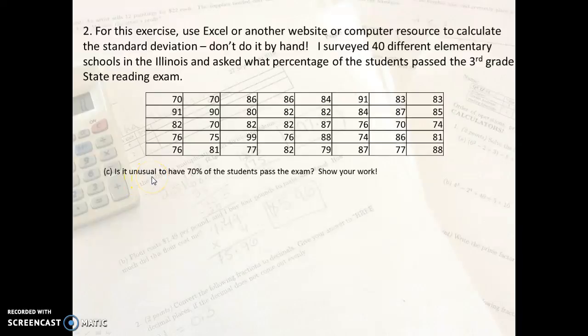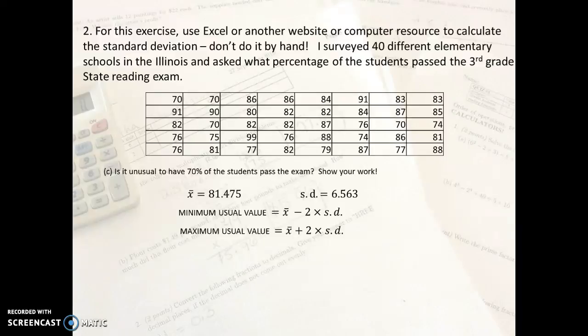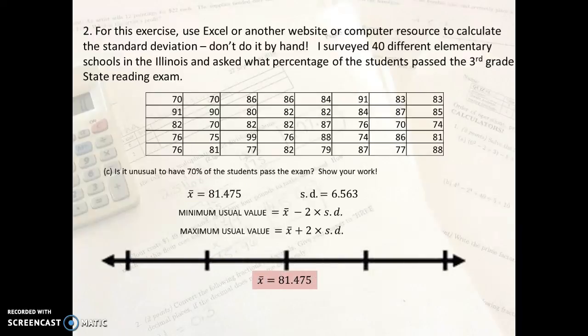Once again, if you checked out the videos for your problems of the week, the data sets that you picked, you know the step. But hey, it doesn't hurt to re-walk through it. So you have an average. You have a standard deviation. We have these formulas, the maximum and minimum usual values. Let's visualize that on a number line. The average goes in the middle, and if I'm talking about minimums, I'm going down twice.